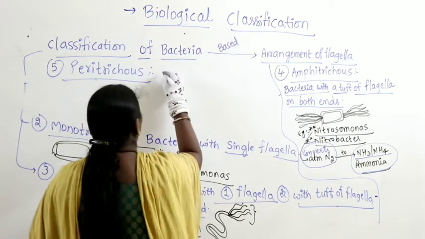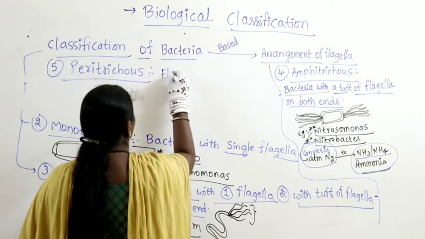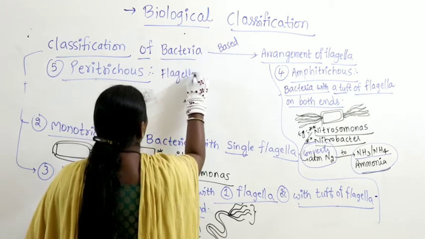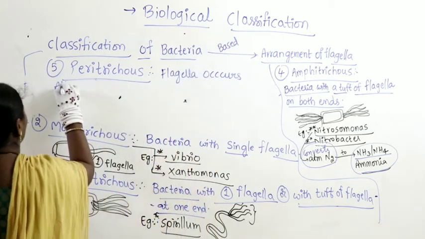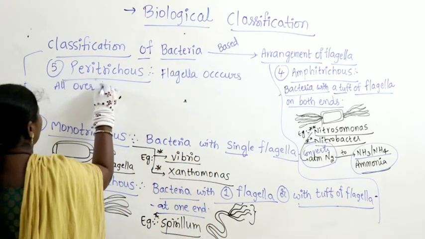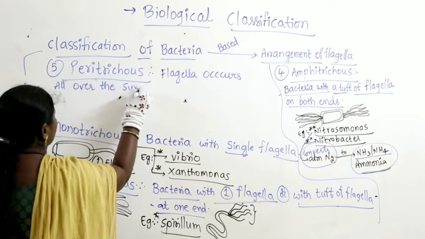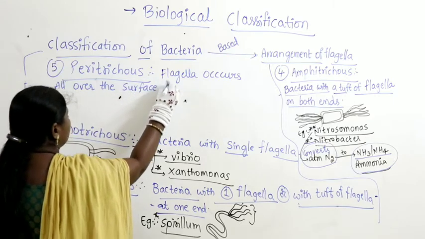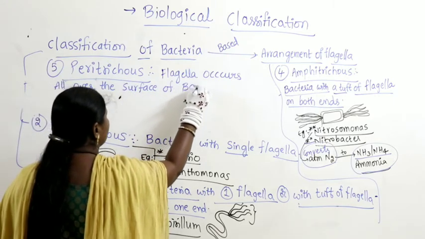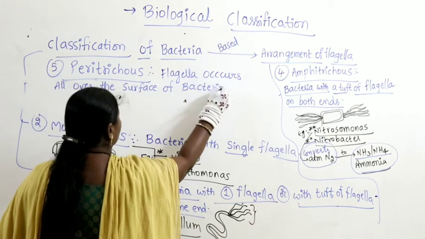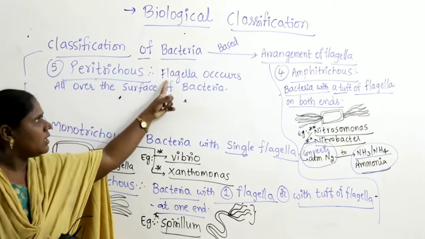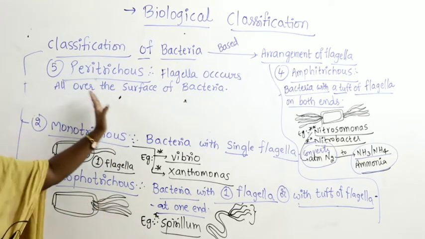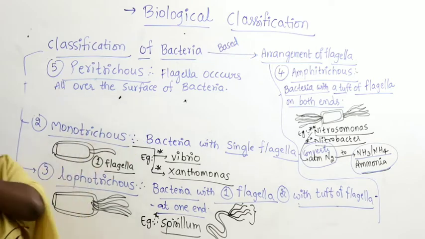Here flagella occurs all over the surface of bacteria. What is meant by Peritrichous? It means that flagella occurs all over the surface of bacteria.